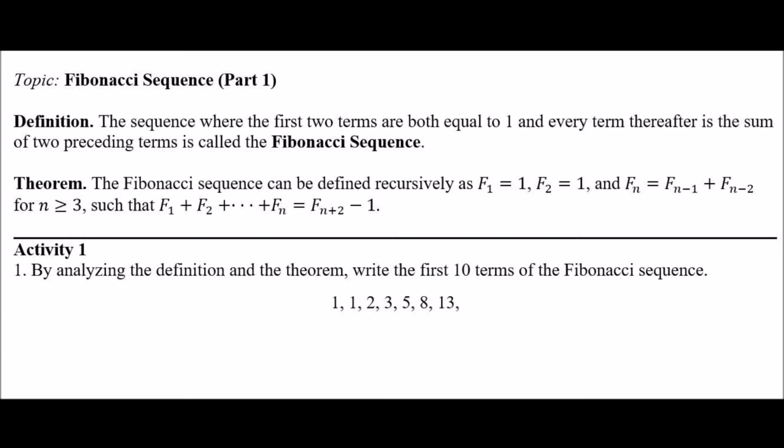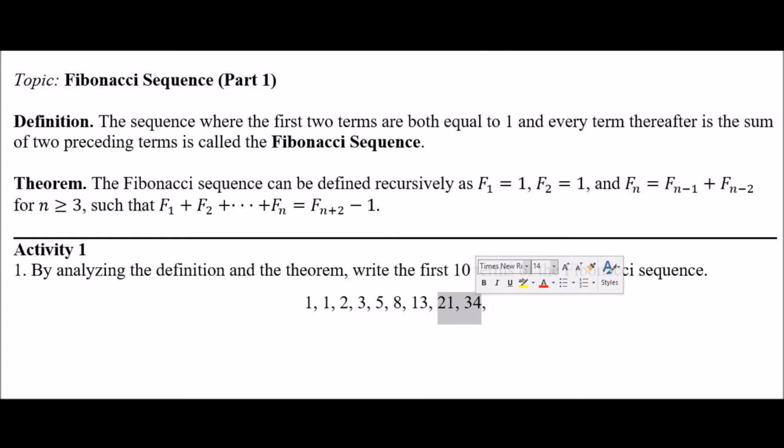So we already have 1, 2, 3, 4, 5, 6, 7. So we only need 3 terms now. So 8 plus 13 is 21. And then 21 plus 13, so we have 34.